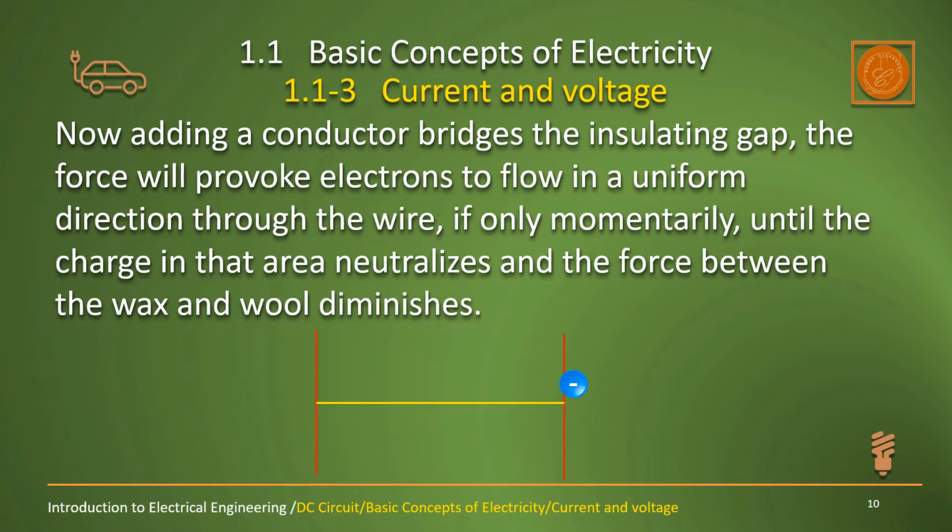You see all the electrons from the left going to the right, so all the atoms are neutralized because the electrons go back to the atoms. So there is no attraction between the two materials now.